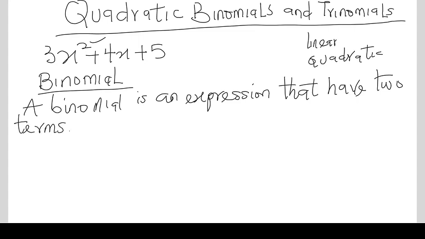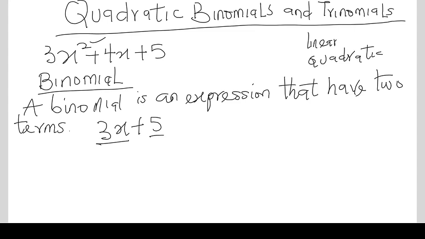So a binomial is just an algebraic expression with 2 terms. What do I mean? Example is, let's say you have 3x plus 5. We know that this is a linear expression, but it is also a binomial. Why? Because it is having 2 terms. What are the terms? 3x is a term, then 5 is another term.